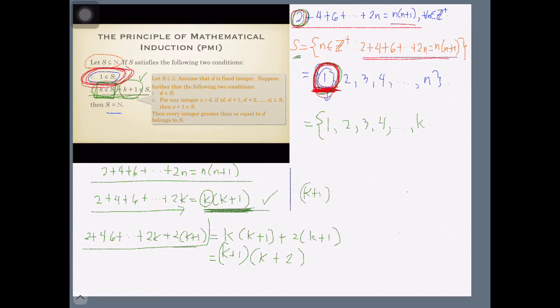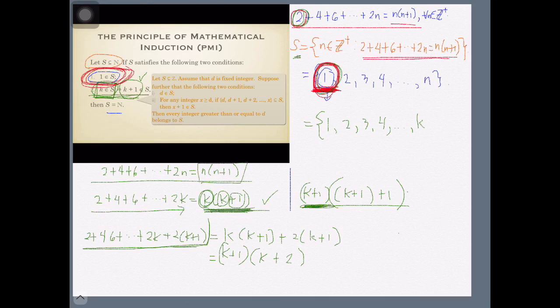So this would become k plus 1. This as well would also be k plus 1. And we still have the plus 1 there. There. So this should look like this to prove that k plus 1 is in S, or k plus 1 can really be written in this manner.